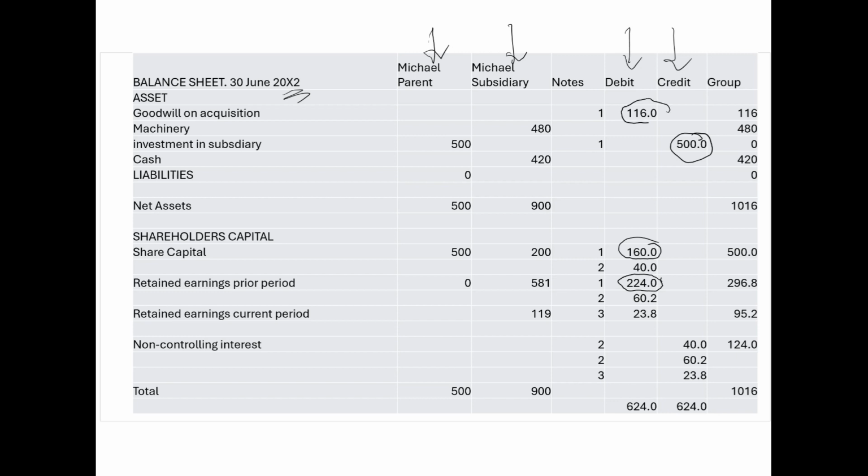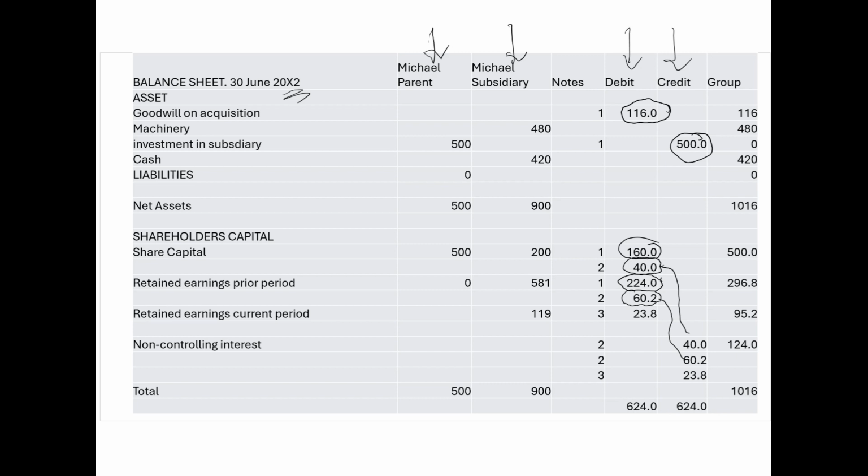So that was our first journal entry. In our second journal entry, we transferred the share capital, that's for Samuel, and then the retained earnings of the prior period, that's at the date of acquisition, to Samuel. So 40 and 60.2 million we transferred.